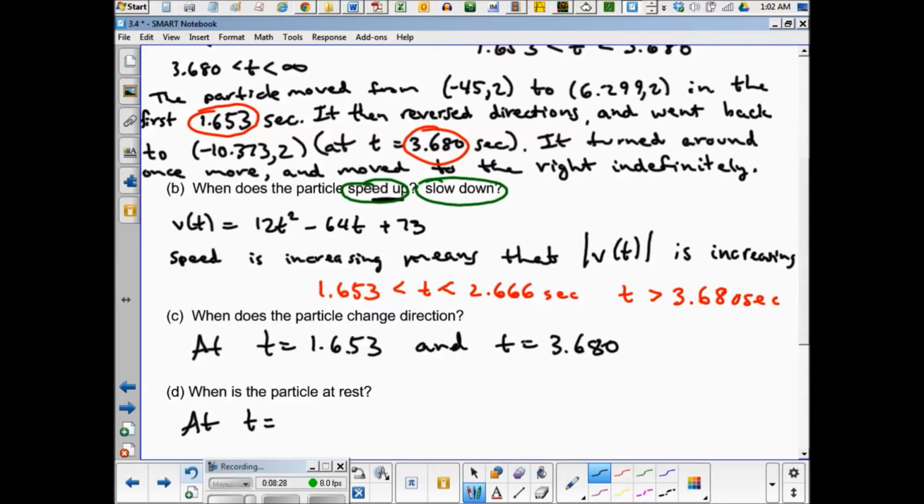At t equals 1.653 and t equals 3.680 seconds. So it's at any time when the direction reversed. That's when it would have to stop instantaneously. So you probably want to put instantaneously.